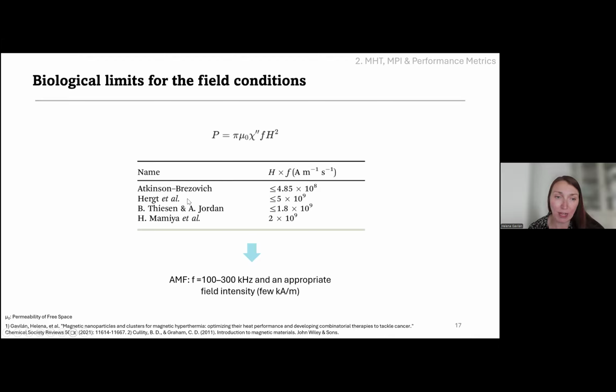Okay, and then we have the Atkinson and Brezovich criteria and the Hergt criteria, but all in all, we must have the frequency in this range and an appropriate field intensity of a few kiloamps per meter, like below 25 kiloamps per meter.